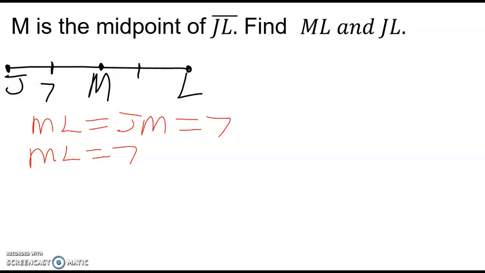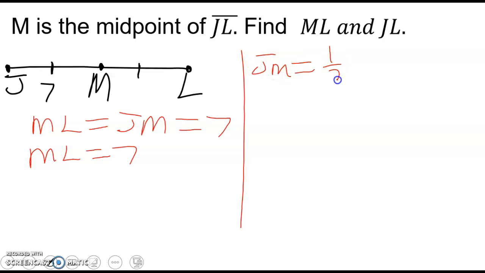JL is the whole thing. So we also know that JM is going to be 1/2 of JL. The half of the segment is equal to 1/2 of the whole segment. So 7 is 1/2 of JL.